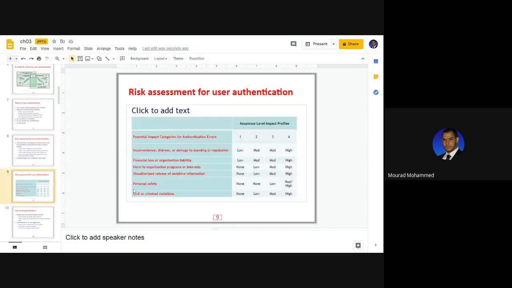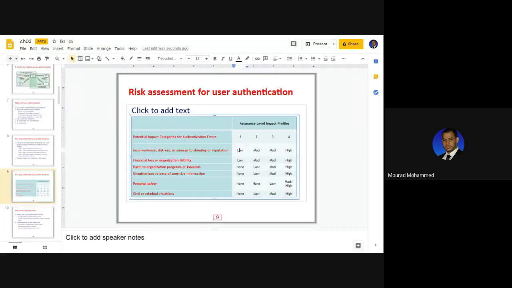When you talk about the impact, we take an example. It's common sense, it's not technical here. You have to understand, and based on that, you assign. If you take, for example, the low impact, inconvenience, distress, or damage to standing or reputation, it is yes for the low impact. No, it's not matching for the very high, but it is yes matching for the damage. It is stressful here. Yes, absolutely true.